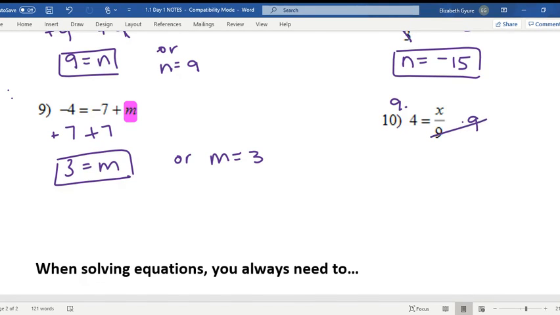All right, the 9's on the right will cancel. And what's 9 times 4? Close. 36. 36 equals x. Or again, if you prefer, x equals 36. Good. Looks like you guys at home are getting it.